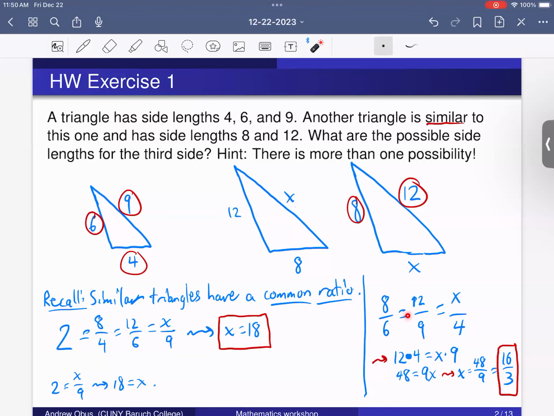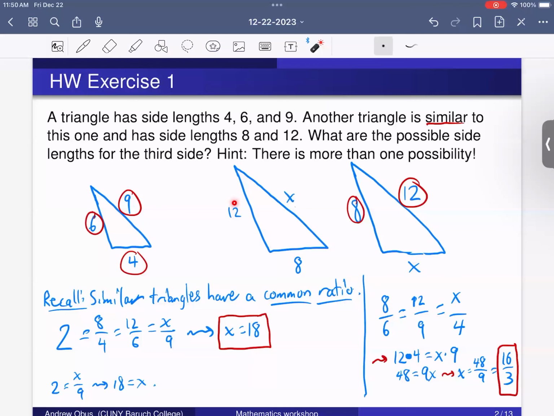Because these are equal, and because this has an x in it, as long as we choose the correct value of x, we can make this ratio equal as well. This is one way of checking similar triangles: check that you get a common ratio for all 3 pairs of corresponding sides, 8 to 6, 12 to 9, and x to 4. You're okay because these two match, and you just make the third match by choosing the right value of x.